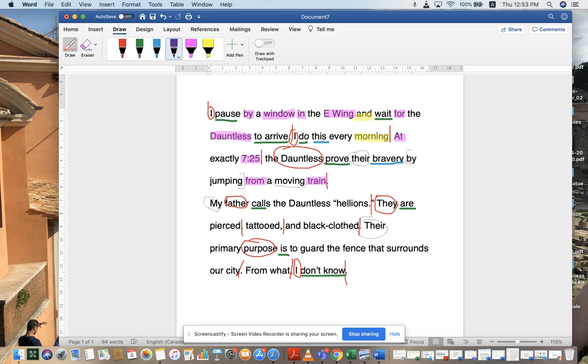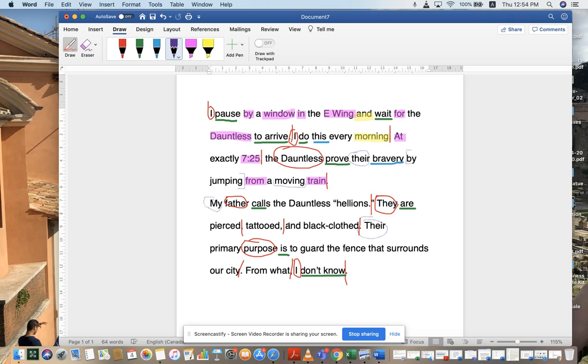So in this case, the author is saying that the dauntless are proving their bravery, introducing an action word, jumping, as a gerund, by jumping from, and if we just said from a train, cool, right? But to get you to imagine the train being in motion while they are jumping, you are using a very simple but very effective present participle, and changing it into an adjective.